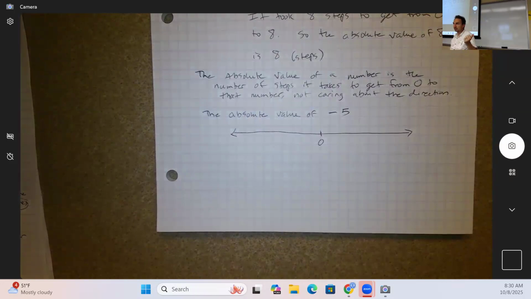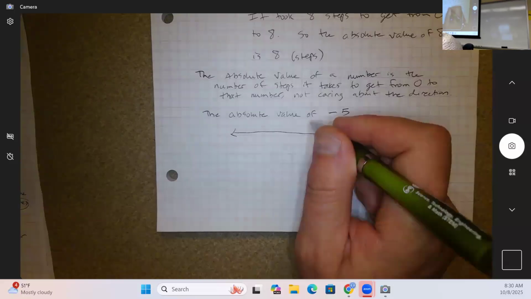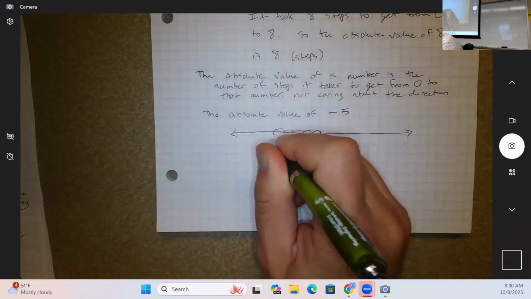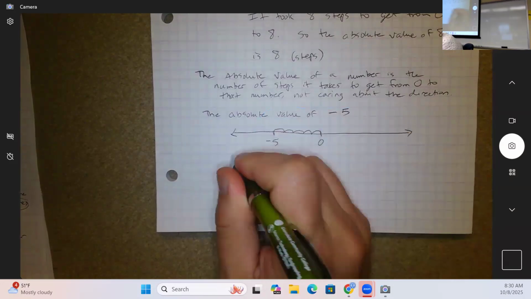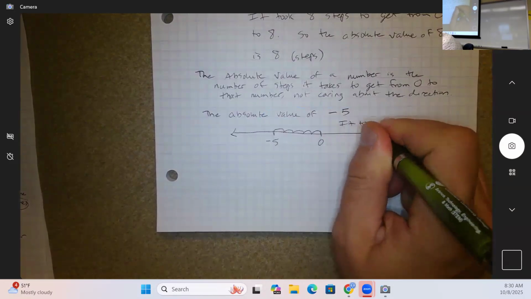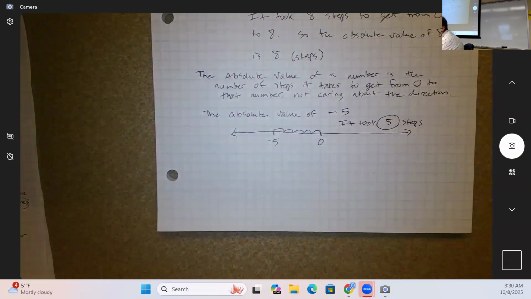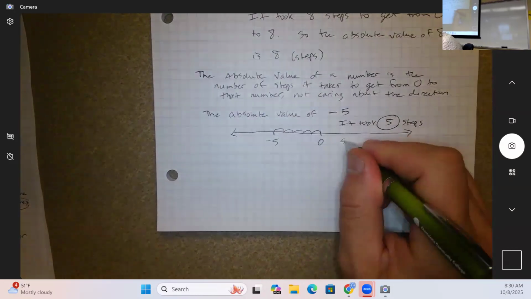So we're going to be taking our steps to the left. Take however many steps it takes to get there, this time going to the left. 1, 2, 3, 4, 5. Okay, it took 5 steps. So the absolute value of -5 is 5.